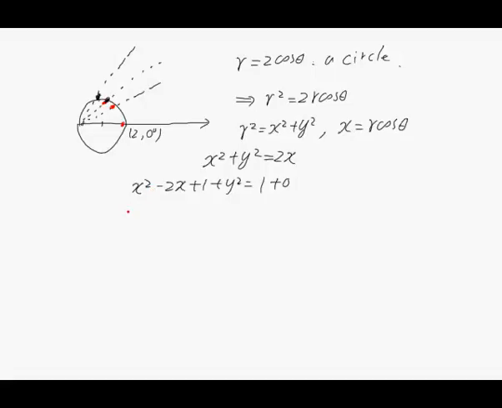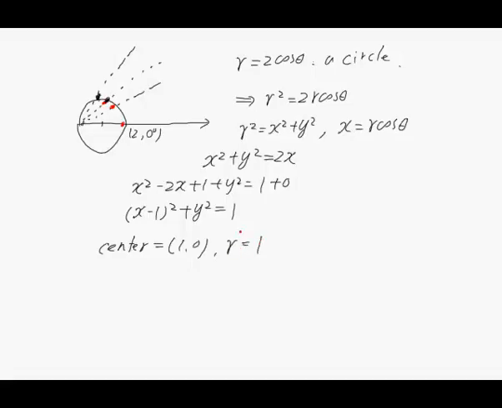And then we complete the square, so we have x minus 1 squared plus y squared equal to 1. So now you can see this is just the equation of a circle with the center at 1 and 0, and the radius r is equal to 1.